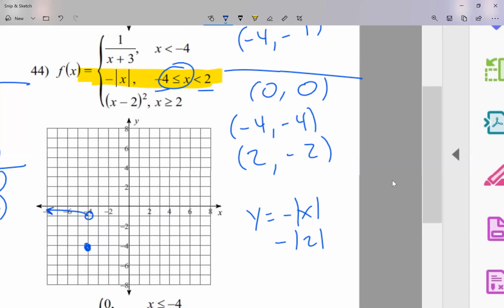The second point, 2, -2, is an open circle. And then my vertex is the point (0, 0), somewhere right there in between. That's just a point. I'm expecting a V shape because it's an absolute value.